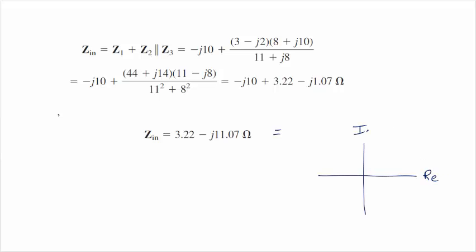So there's real and there's imaginary. The resultant of all of this, if you were to draw an impedance phasor, is you have a real component that's 3.22 ohms, and you have an imaginary component pointing downward because it's minus j11.07.